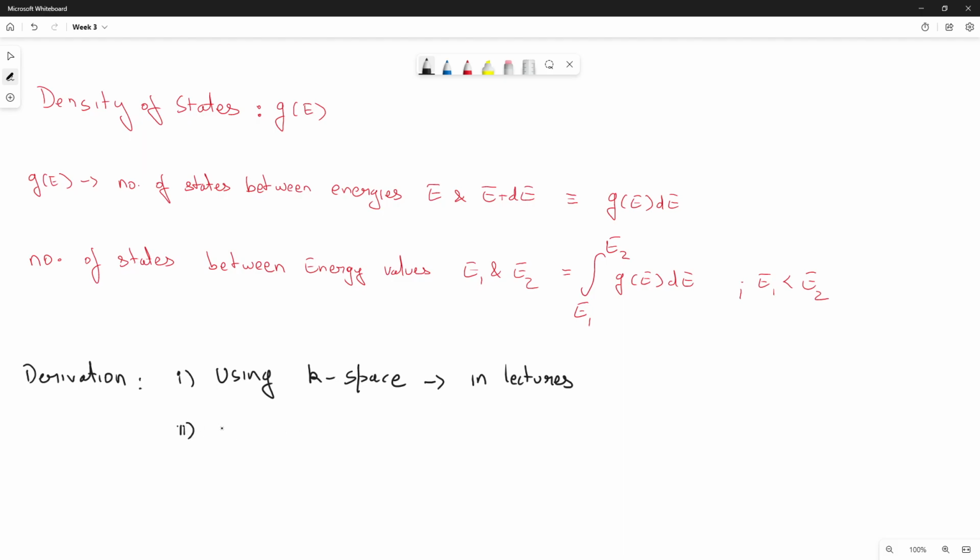Now, approach 2 is what I will call the direct counting approach. The direct counting approach is difficult for 2D and 3D systems, but it is actually pretty easy for a 1D system.